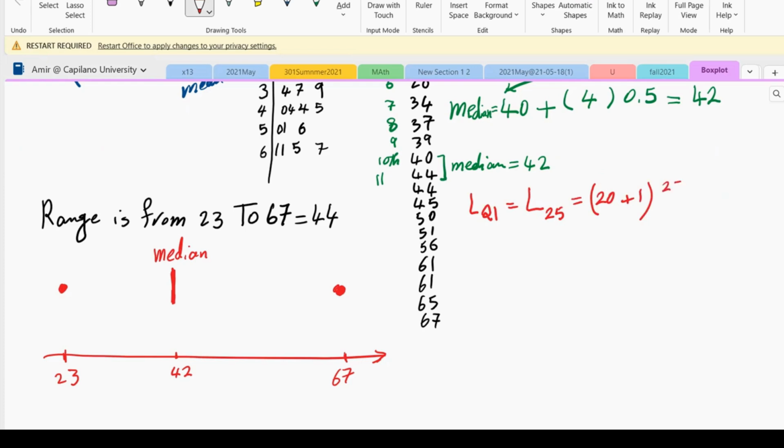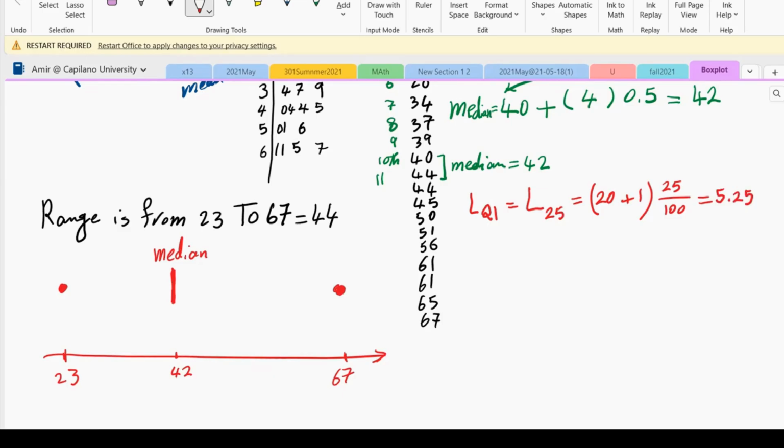We want 25% of observations to be less than our point. So please do the math and tell me where is the location of the first quartile? 5.25. Very good. Thank you.